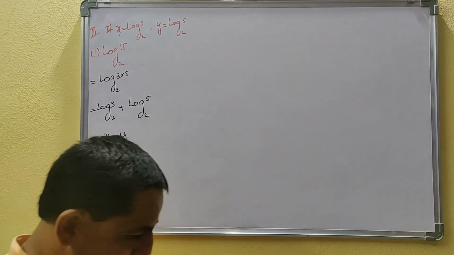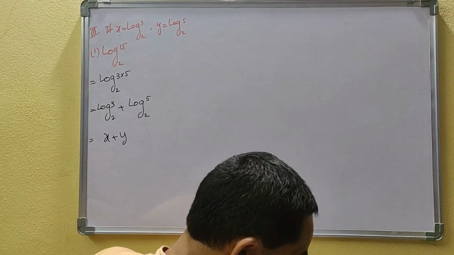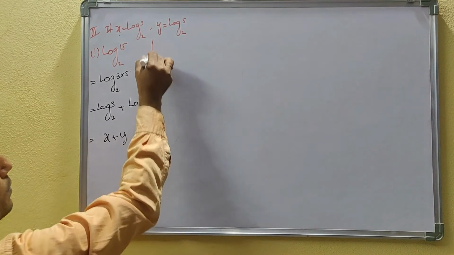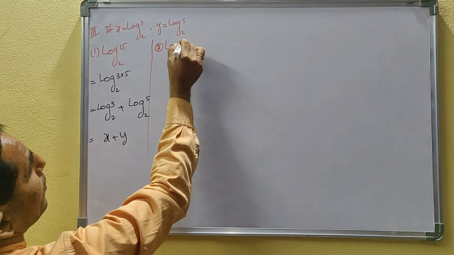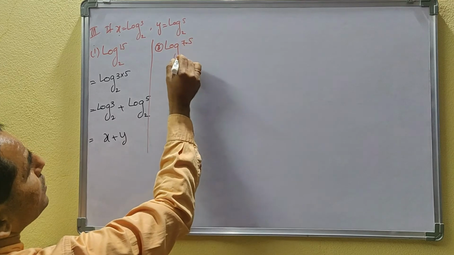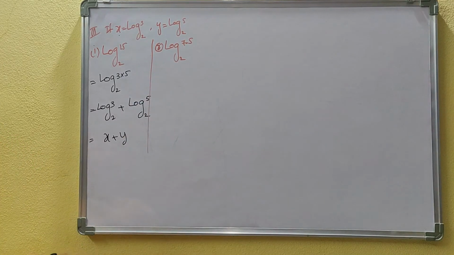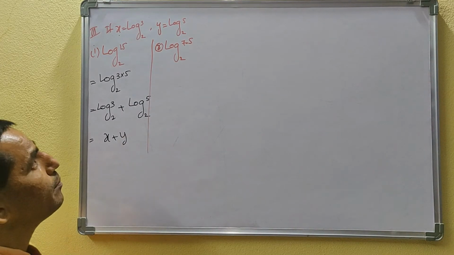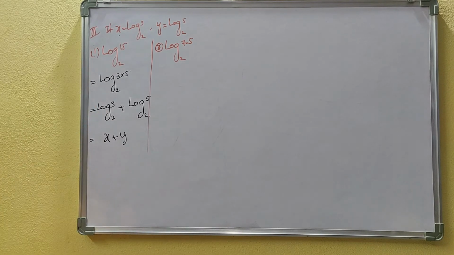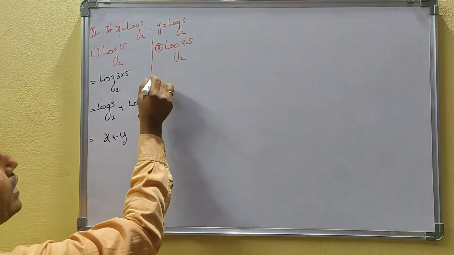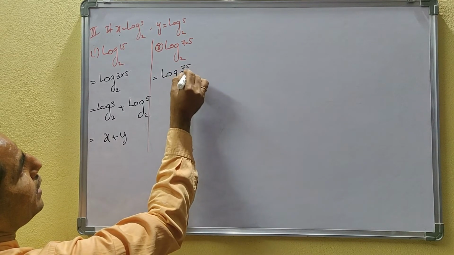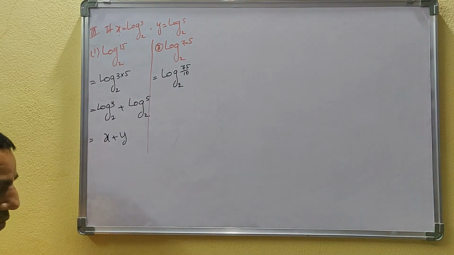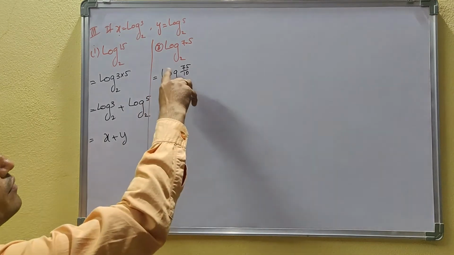Next, second question: log 7.5 base 2. Find the value of log 7.5 base 2 in terms of x and y. So I will write log 75 by 10 base 2. Here 75 by 10 means 7.5.